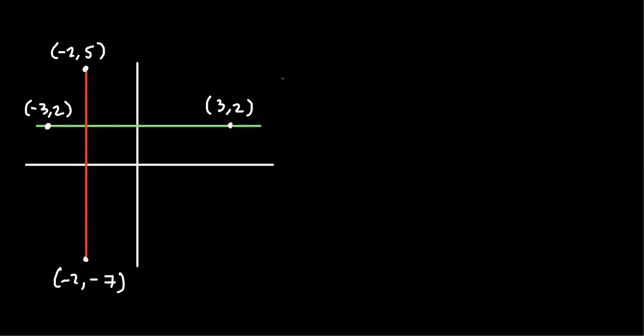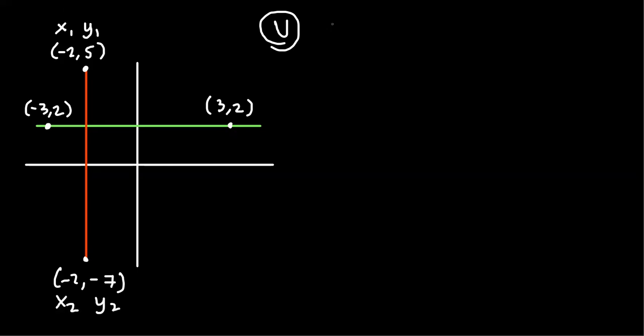Okay, so for the vertical line, so I'll just write V for vertical. We would have, so I'll just call this one x1, y1, and then this one's going to be x2, y2.